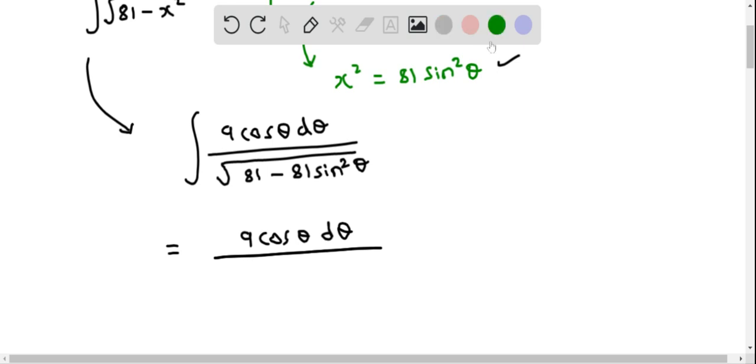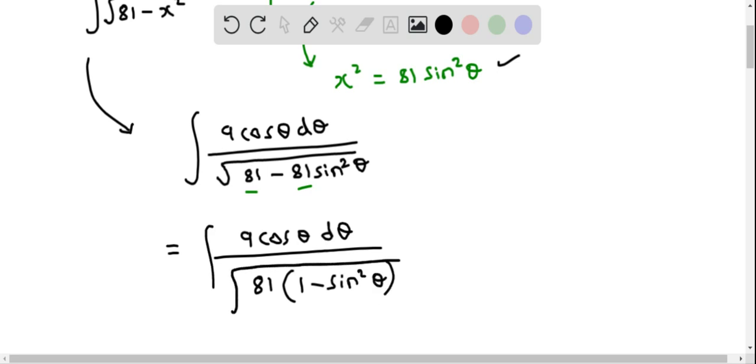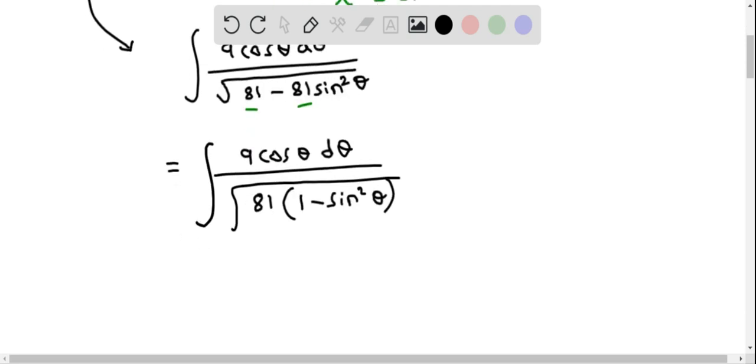denominator we can see that we can factor this 81 from these two terms. So I'm going to factor 81. When I do that, I get 1 minus sine squared theta, and the whole term is under the root. We have to integrate this. Now, using the Pythagorean identity, we know that the Pythagorean trigonometric identity is sine squared theta plus cos squared theta equals 1.